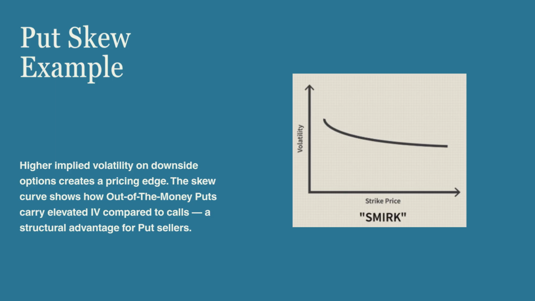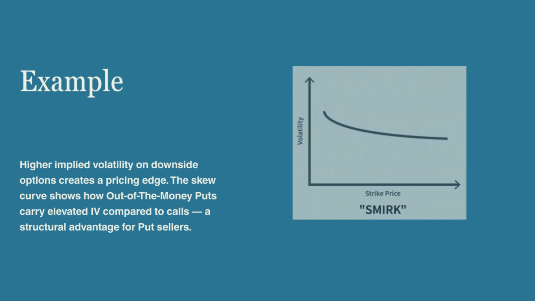So your pricing and your premium that you collect is going to be about 5 times higher if you sell the put versus selling the call. So this just shows how the elevated IV is going to help you with pricing as you move farther away from the current underlying price.